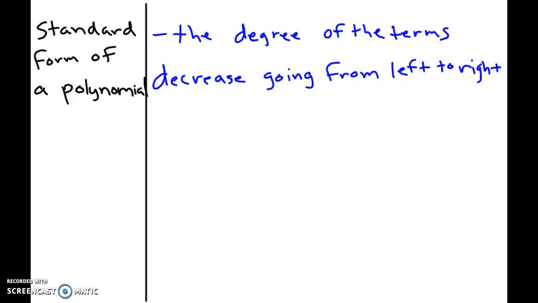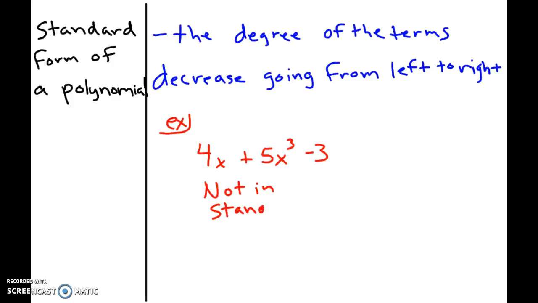In our previous example, I just want to show you the difference between those two. If we have something like 4x plus 5x cubed minus 3, that is not in standard form, because 5x cubed is degree 3.